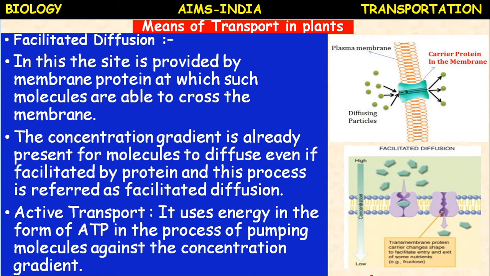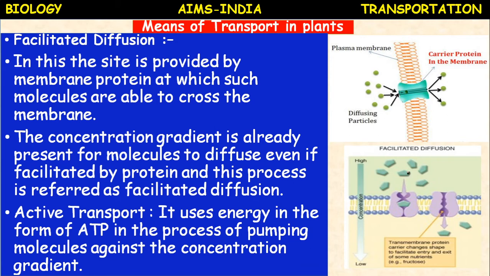Okay, here in this facilitated transport, the transmembrane protein changes shape to facilitate the entry and exit of some nutrients, for example fructose. Okay, so why? Because fructose and glucose are all hydrophilic molecules.